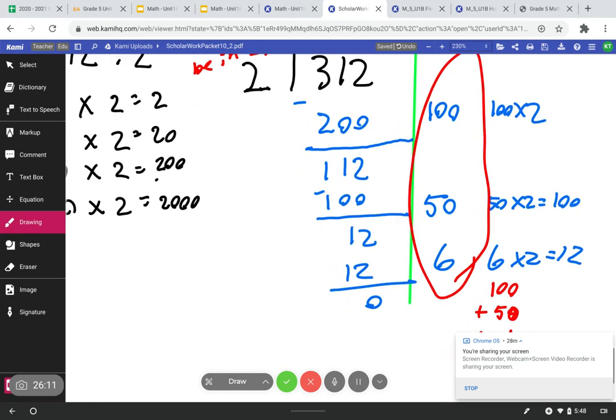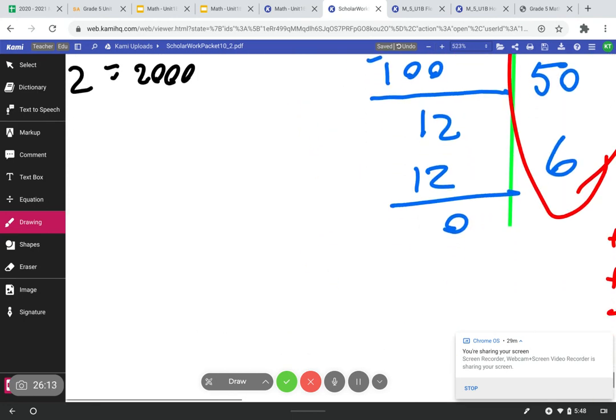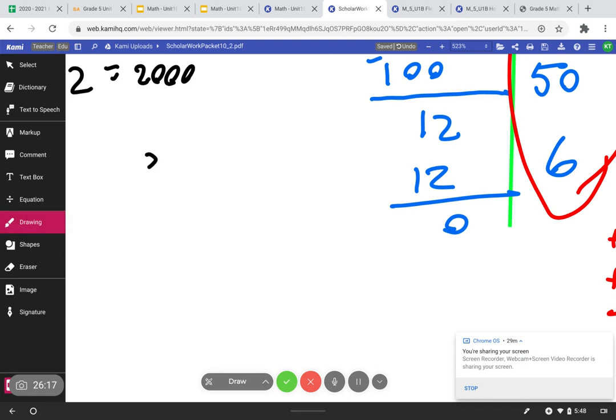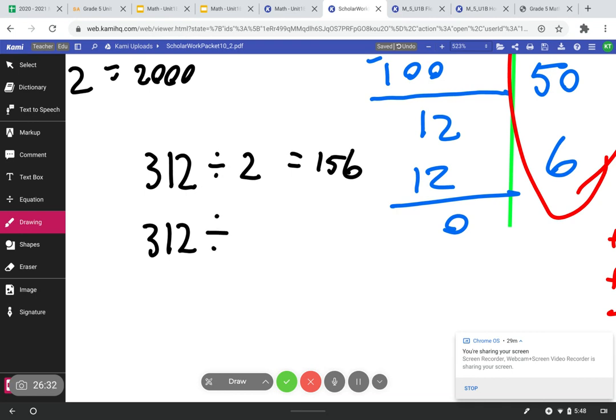So let me write this out in the fun way that I love about math. 312 divided by 2 equals 156. 312 divided by 156 equals 2.